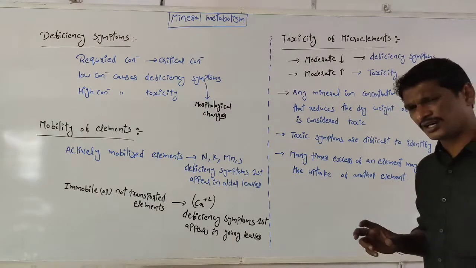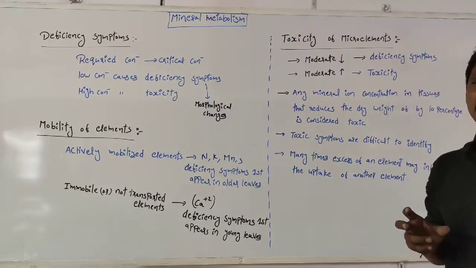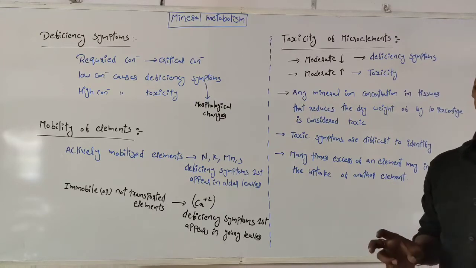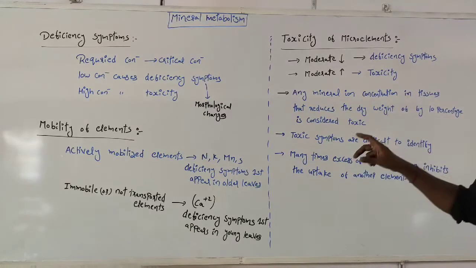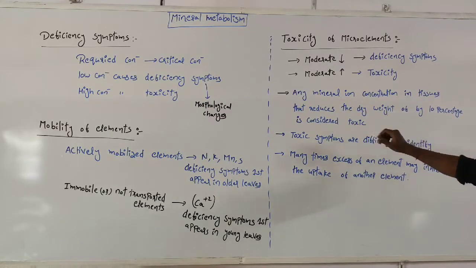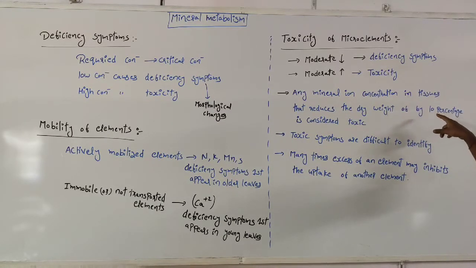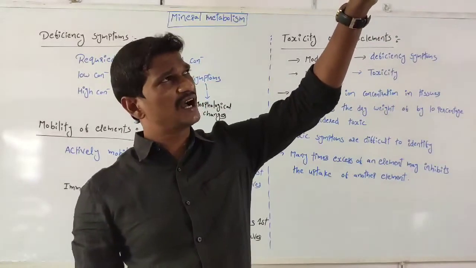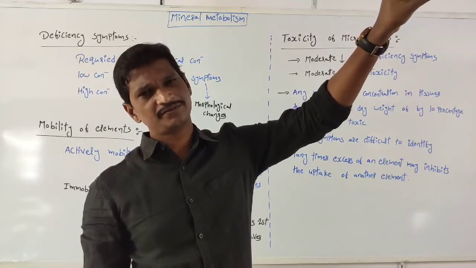One mineral's concentration is more, and that high concentration mineral affects the other minerals' concentration; it is decreased by 10%. Reducing the dry weight by 10% is considered toxic. Very simple: when one mineral concentration is high, it affects the absorption of other minerals.